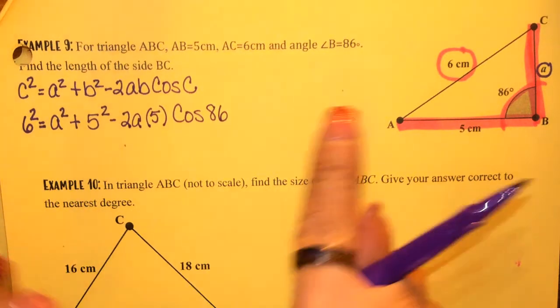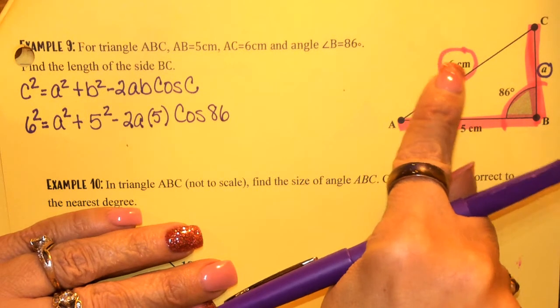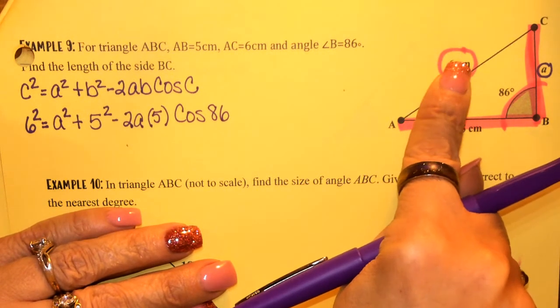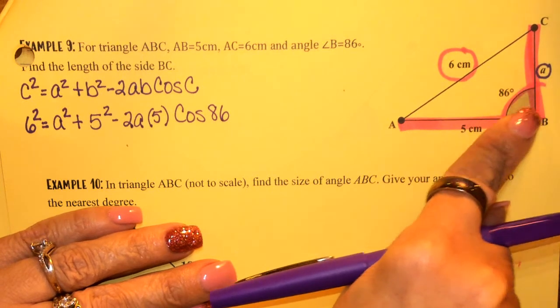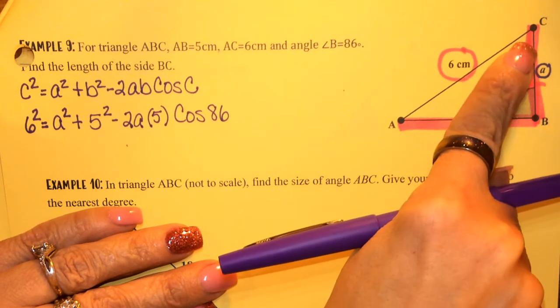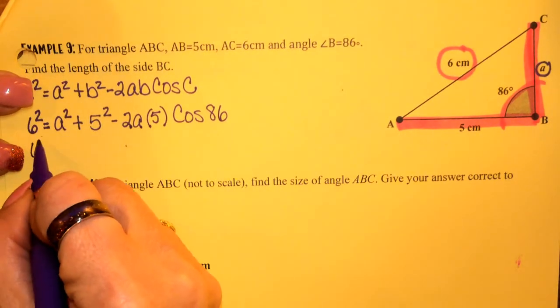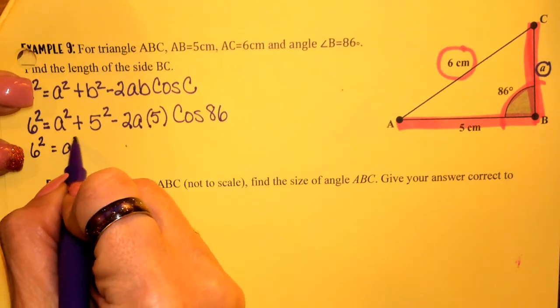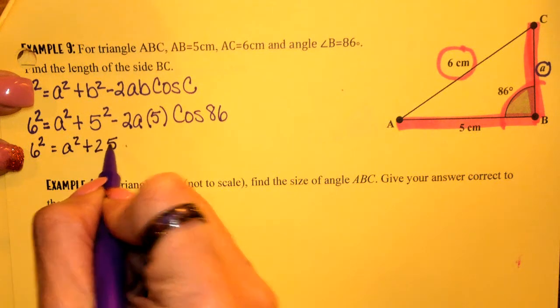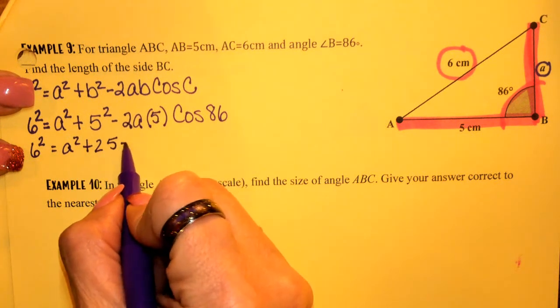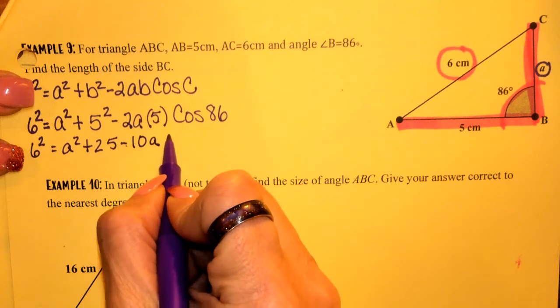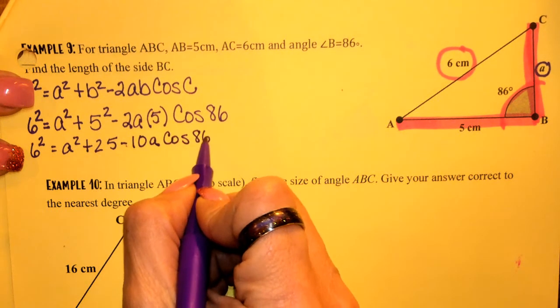Now, remember, C is always the side opposite. It's this longer side over here. And then you've got where it's connected, side angle side, is how we're going to work that. So let's see if we can solve this. 6 squared equals A squared plus 25. 2 times 5 will be 10. So minus 10A cosine of 86.